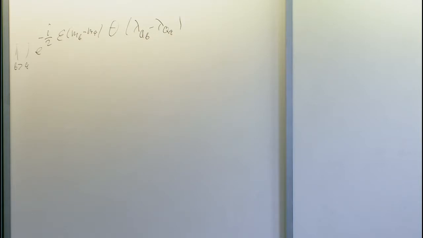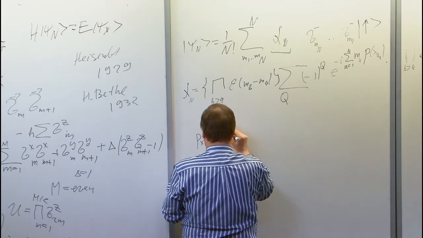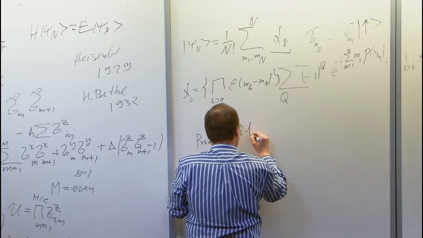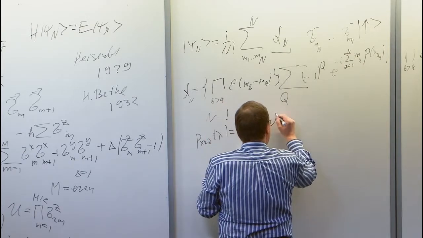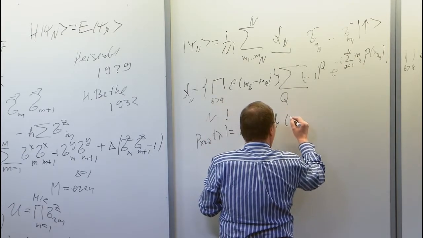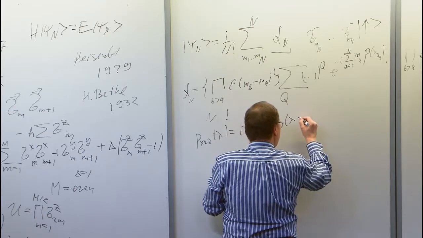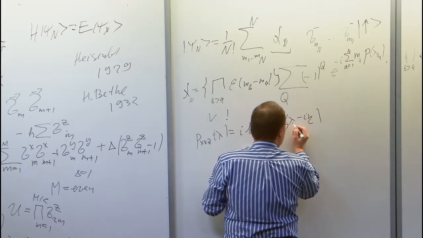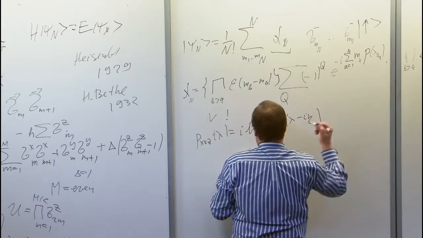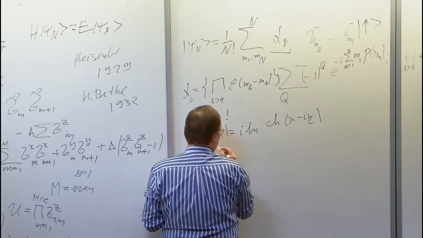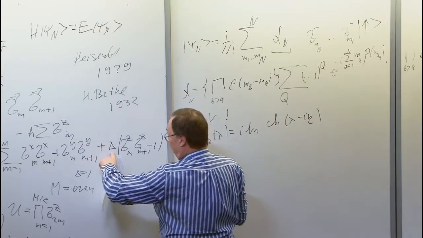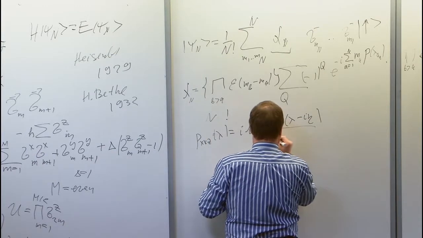So in the XXZ case, this momentum, which appears here in the plane wave, I will parameterize with the traditional parameterization in the literature, log. CH is the cosine hyperbolic. I have to write it down, so I just show the notations. Eta, lambda is my spectral parameter, which will parameterize momenta, and eta is related to the coupling constant, to anisotropy.